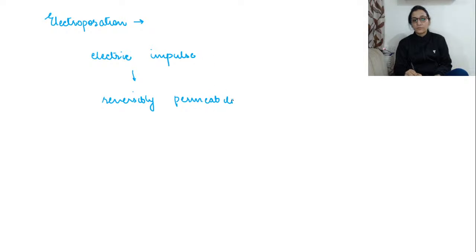Electroporation. So electroporation basically involves the use of a high field strength electric impulse to reversibly permeabilize the cell membrane for the uptake of DNA.